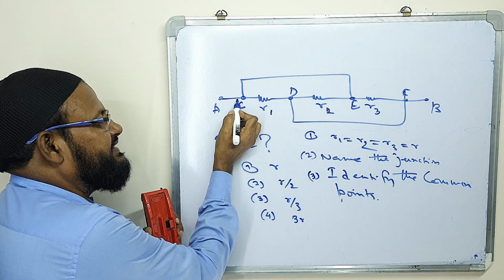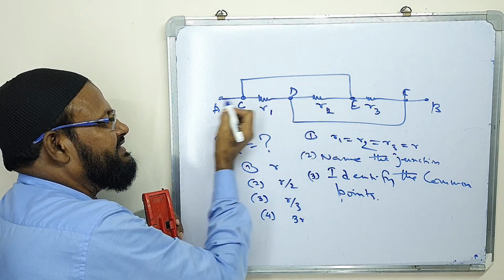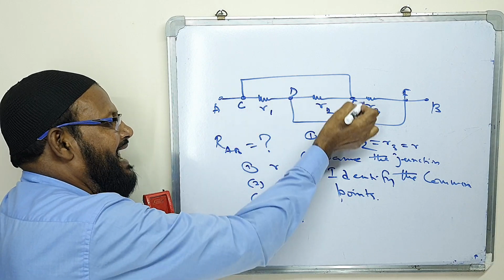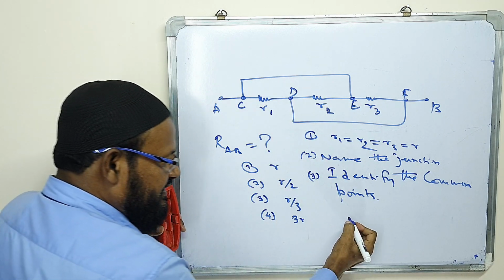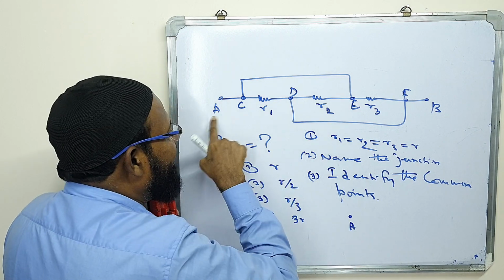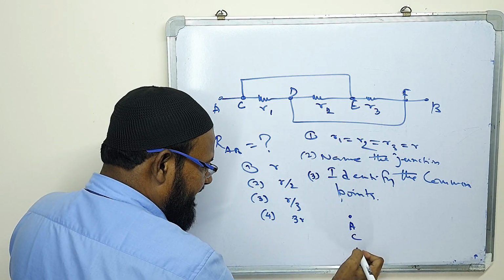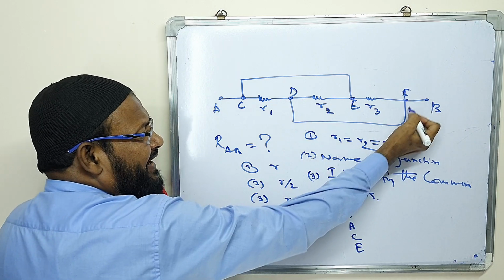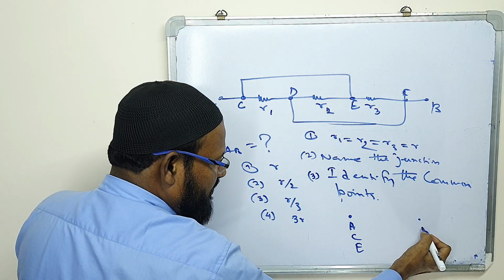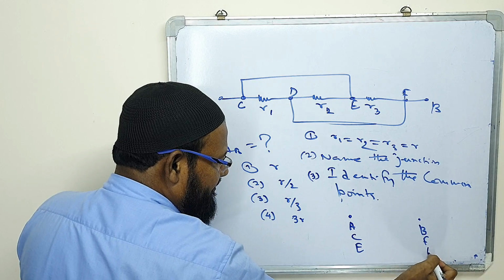Here there is no resistance. Therefore, A, C and E we can take. These are the common points. From the other side, B, F and D. These are the common points B, F and D.